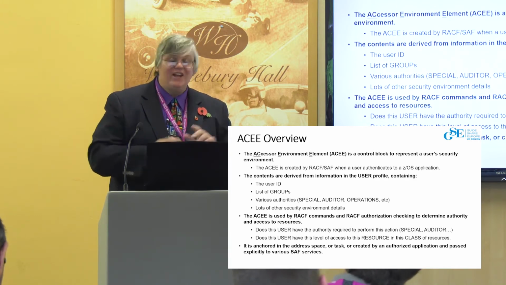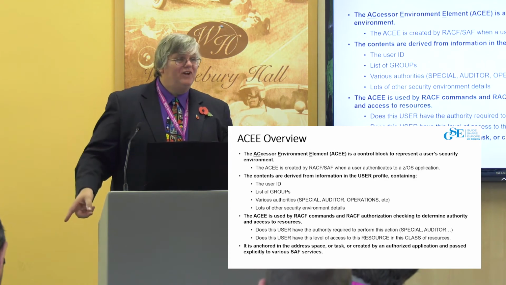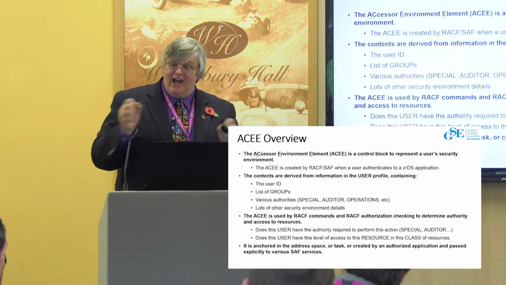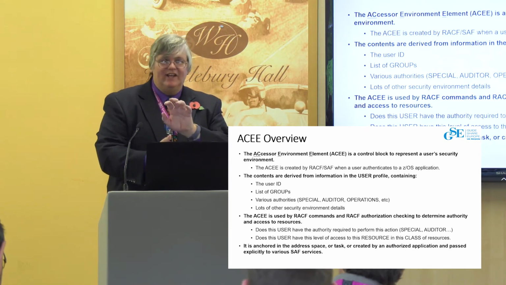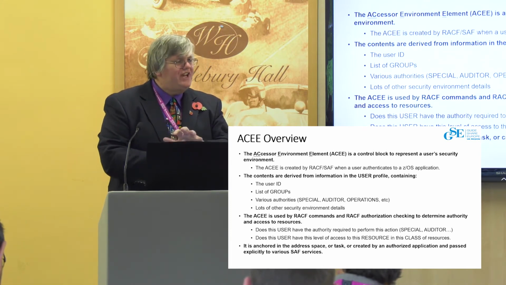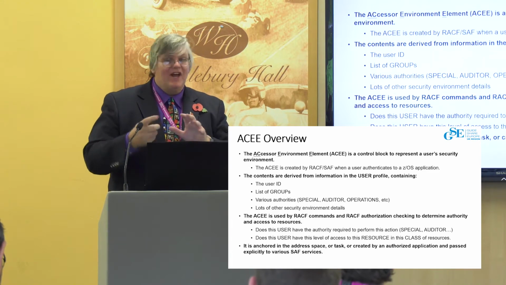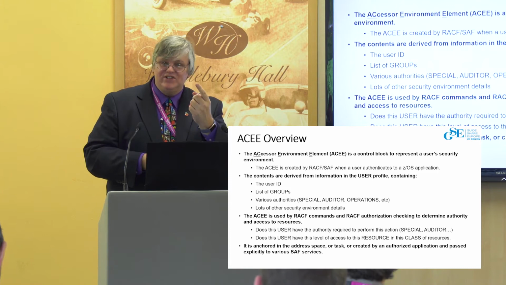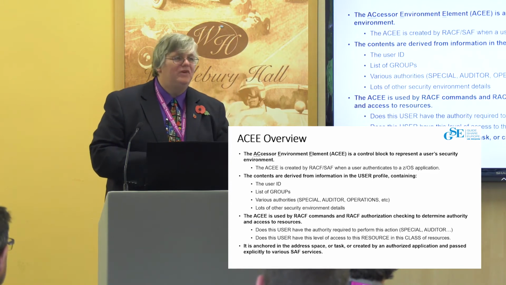That task control block can also have an ACE pointer. The idea there is if I have an address space that has multiple users in it, I can have a security environment associated with each task. And whenever RACF is going to make an authorization check, it first looks at the task level ACE, and if there's none there, it then looks at the address space level ACE.